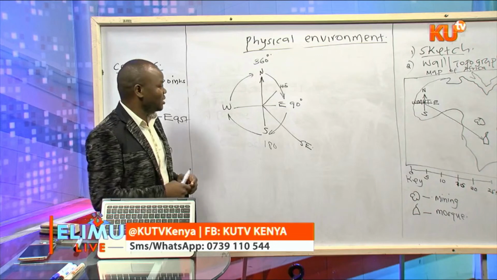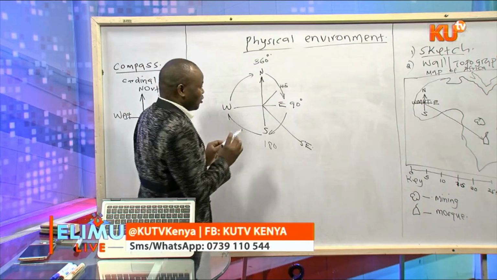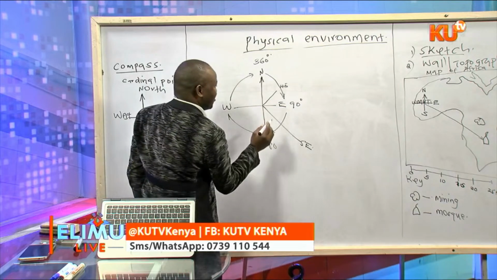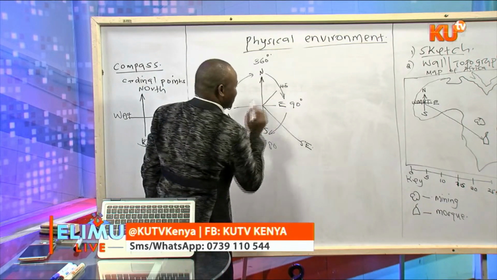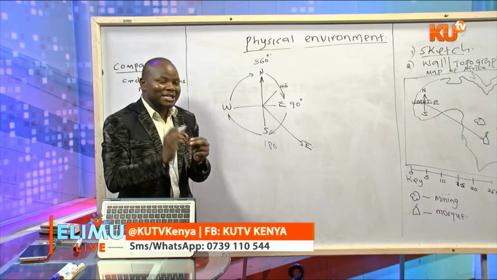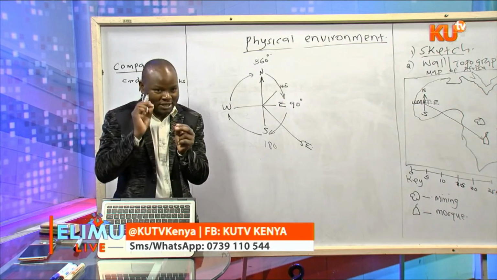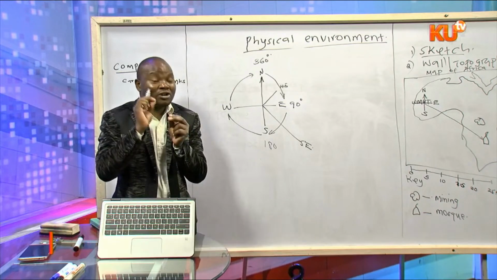I hope I'm well understood. There is something else I want to make you aware of. Let us say that somebody is at 90, but he has only covered 22 points clockwise. At which point is he going to rest?